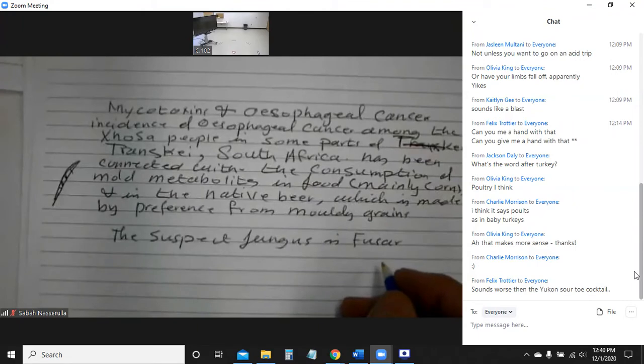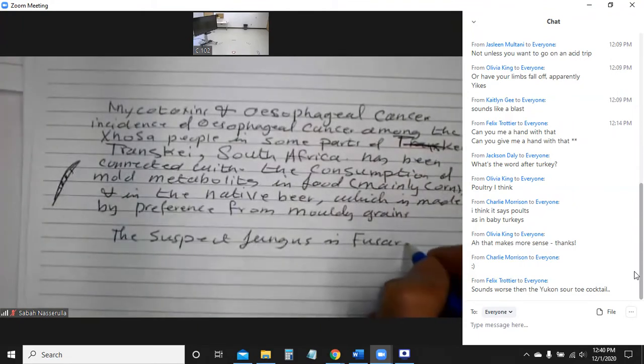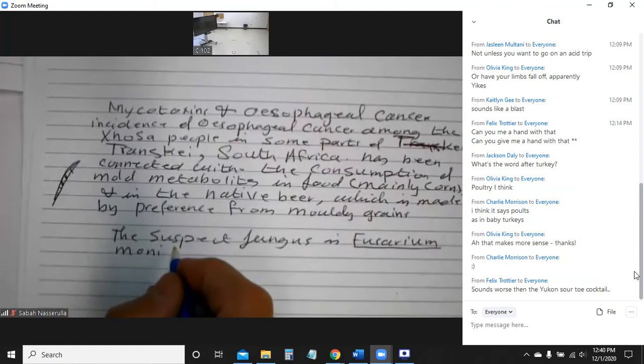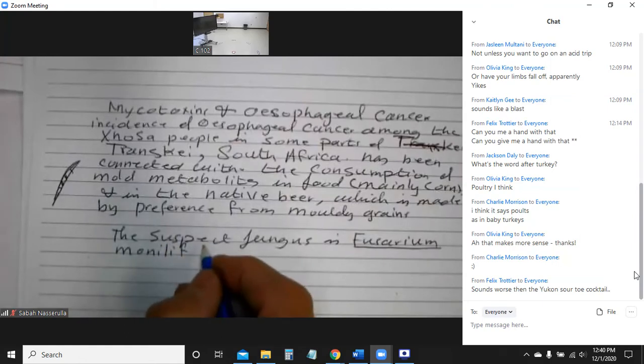Now, the spot fungus, as I mentioned, was Fusarium moniliforme, which is the species here.